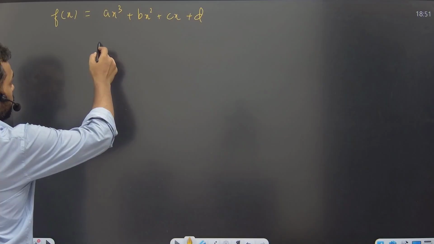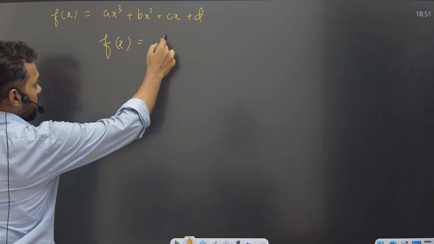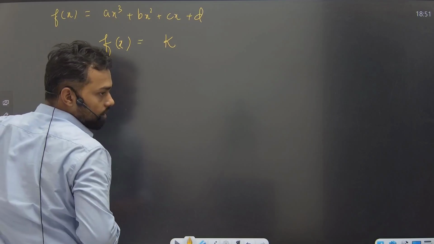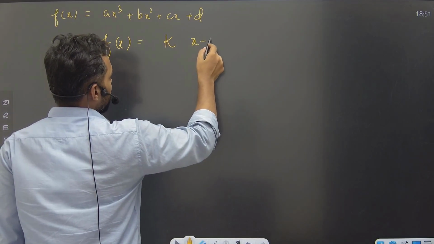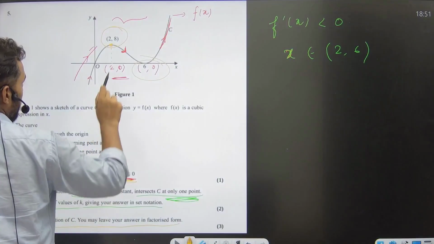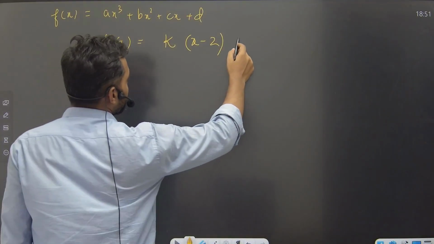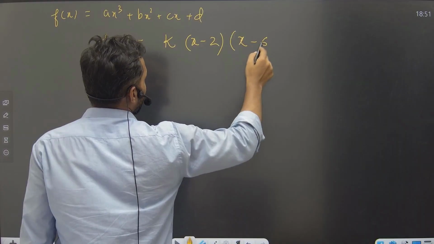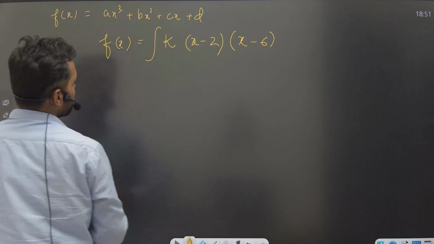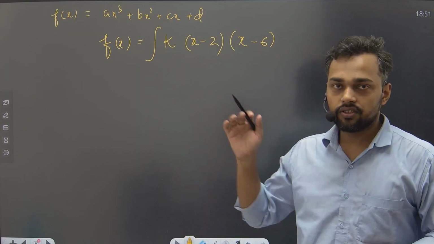So we can say that f prime x will be equal to k, some constant, times x minus 2 into x minus 6. This will be our original function after integration. How have I discovered this?